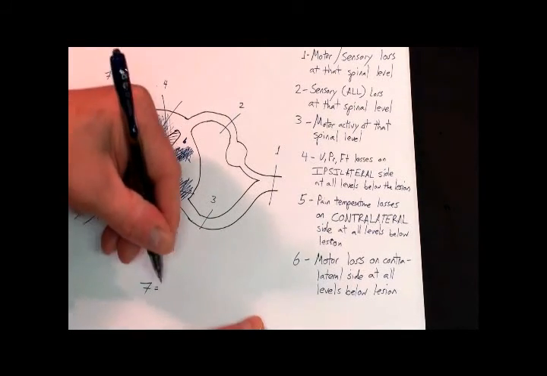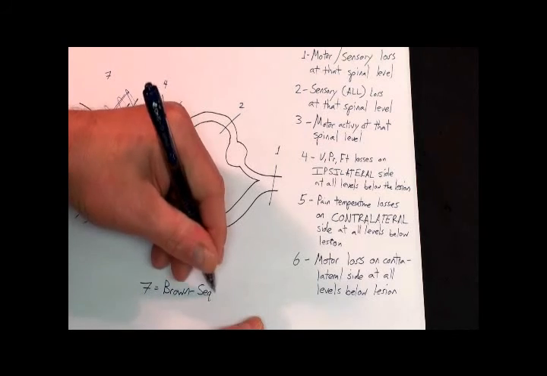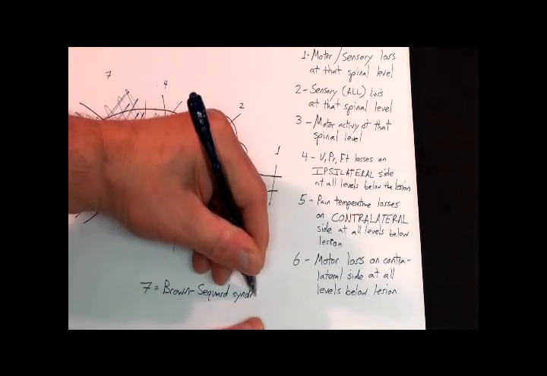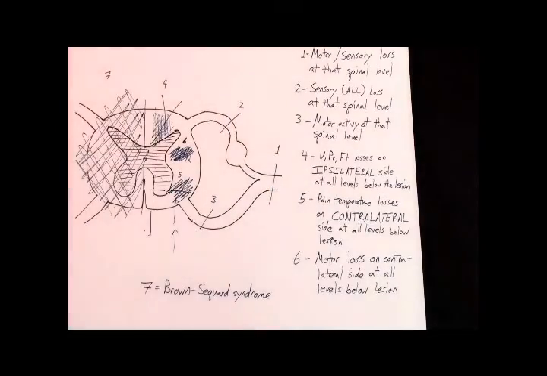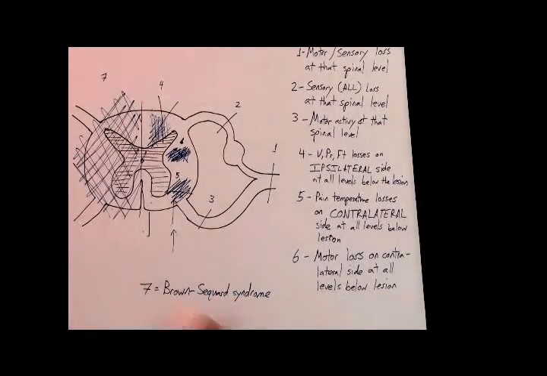And that is referred to as a Brown-Séquard syndrome. And it's going to seem a little overwhelming. But if we break it down, we wiped out the lateral corticospinal tract.